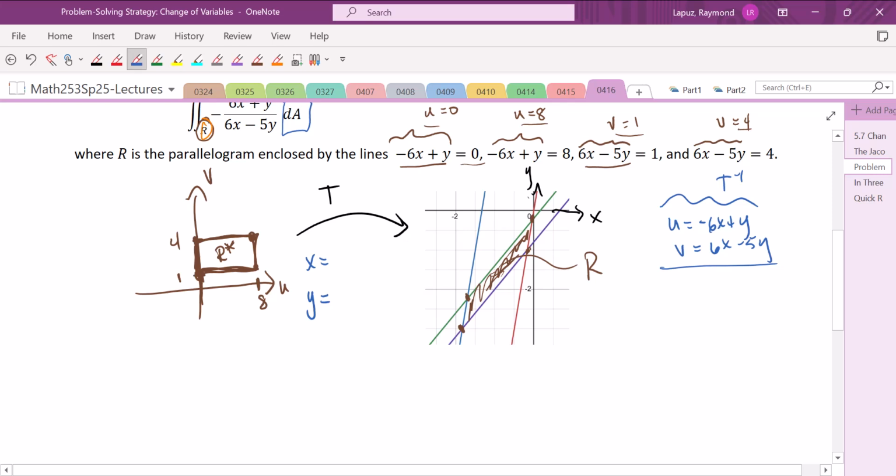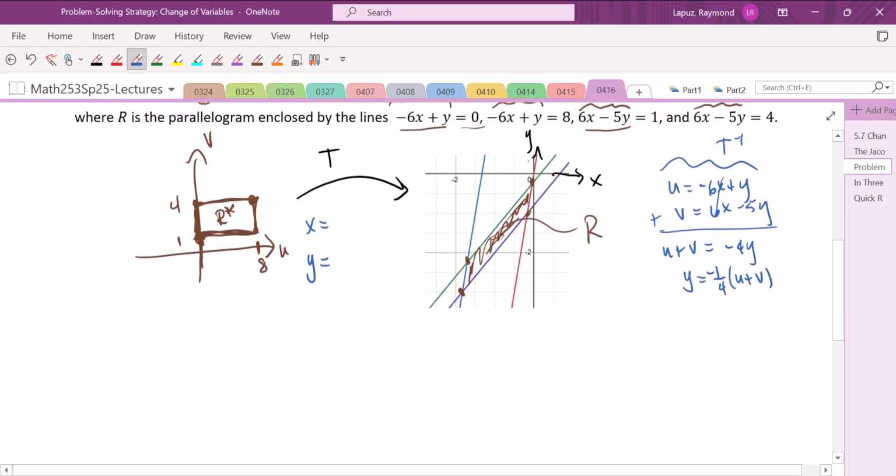I can combine that. If I just add this, I have u plus v is equal to, this is going to go away, and I have negative 4y, right? And then I would say y will then equal negative 1/4 u plus v.